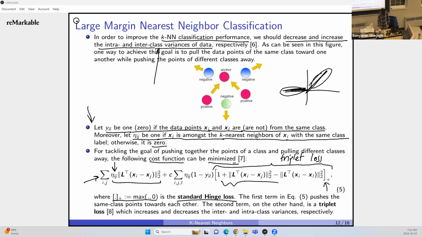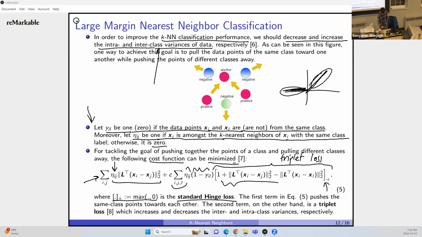Now, let's go to the other thing. Do you see this summation is a triple summation. So I have a summation over i, a summation over j, and a summation over l. Let me close the door. So I have eta ij, times 1 minus y_il.